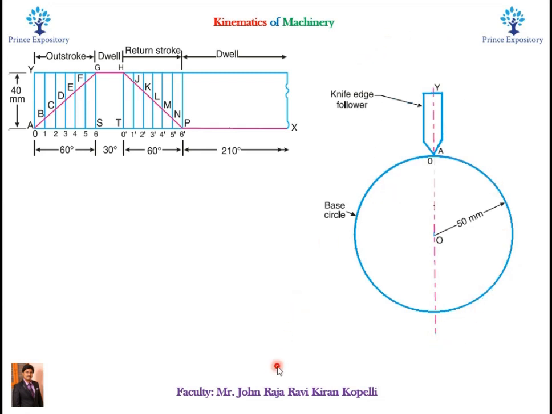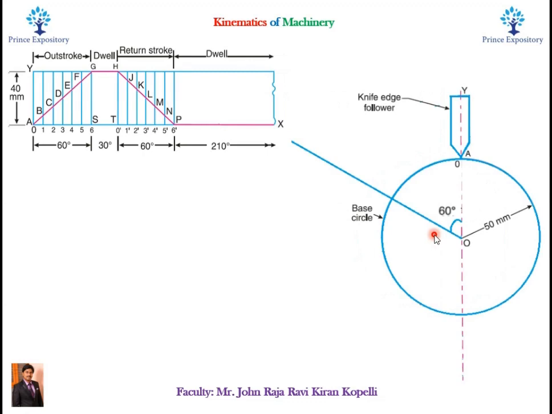And then we have outstroke 60 degrees, dwell 30 degrees, return stroke 60 degrees, and finally dwell 210 degrees. We will represent these angles on this base circle starting from this end. This is the starting position where we will indicate 60 degrees. Now let us move on.